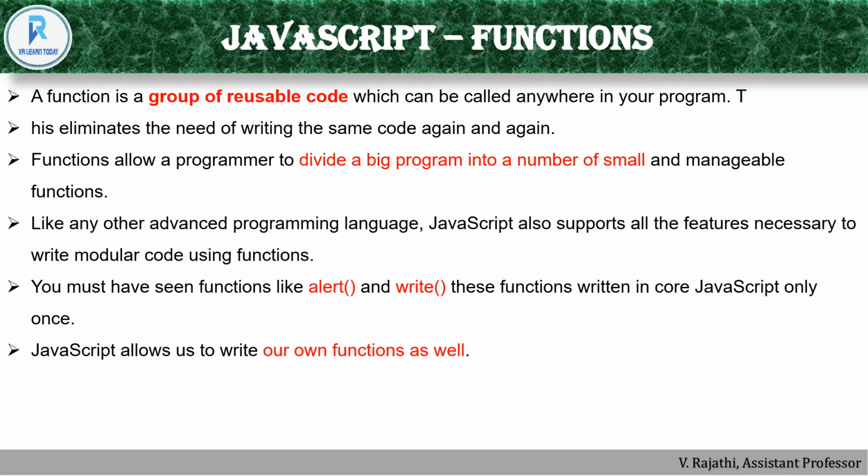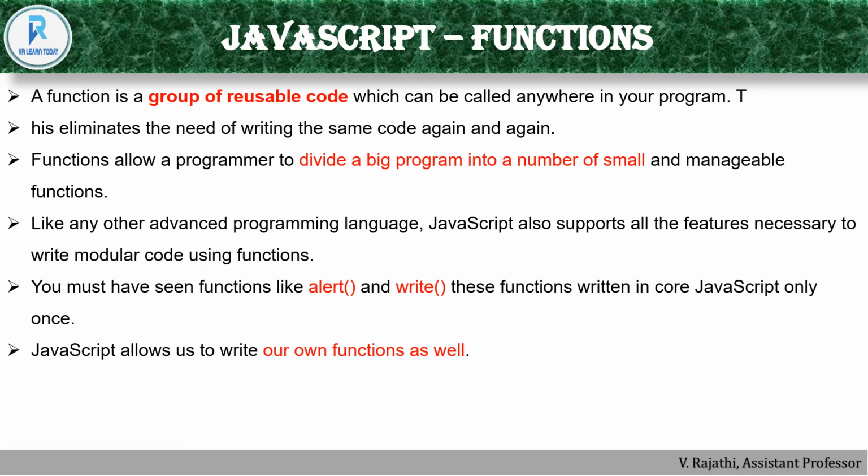A function is a group of reusable code which can be called anywhere in your program. This eliminates the need of writing the same code again and again, and functions allow a programmer to divide a big program into smaller and manageable functions.